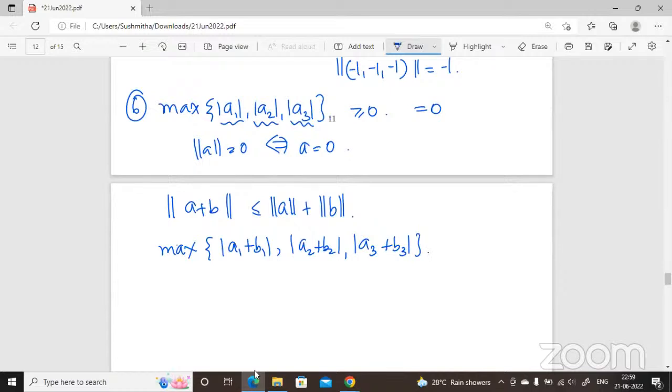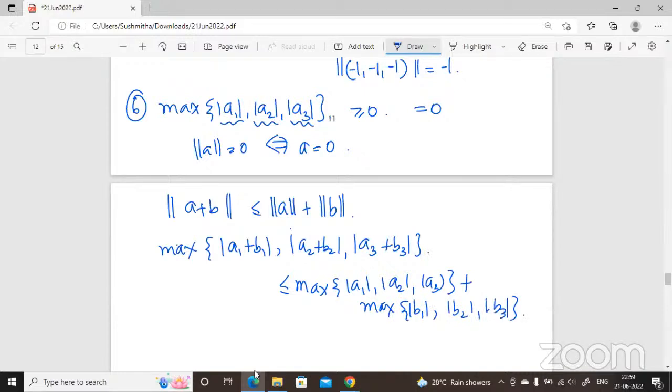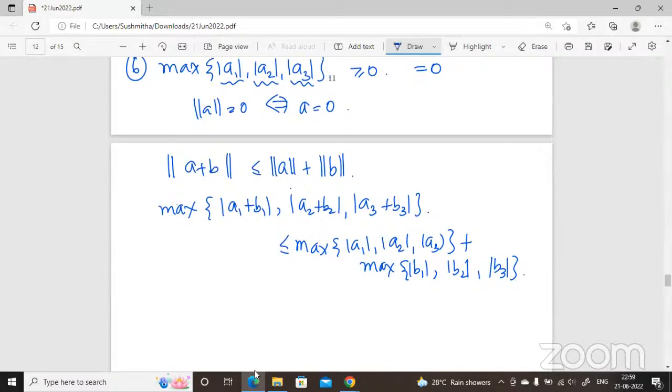So we want to show this is less than or equal to the maximum of mod A1, mod A2, mod A3, plus the maximum of mod B1, mod B2, mod B3. Again, these are all numbers, so you can see that this actually holds, using the triangle inequality for numbers.